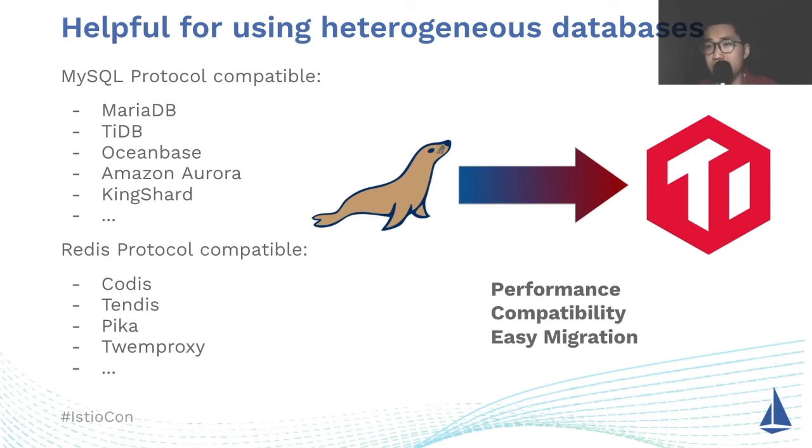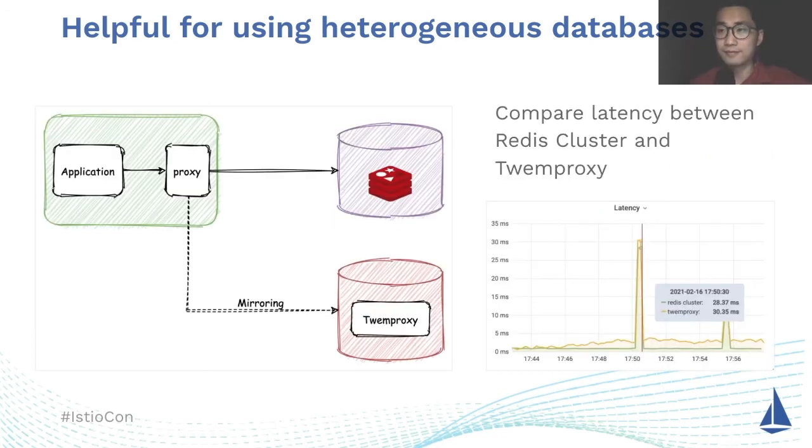How about the performance, the compatibility, and easy migration? They're very important for you. Through the database traffic mirroring capabilities provided by Aeraki, we can use production traffic to test compatibility and performance of heterogeneous databases.